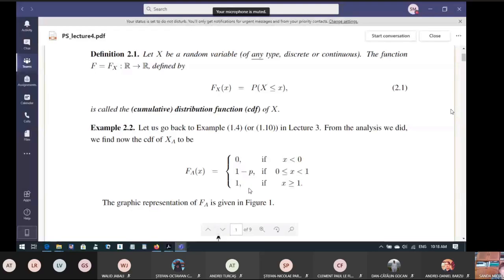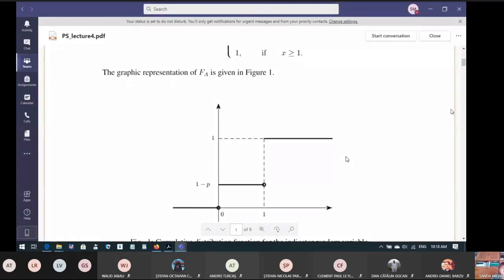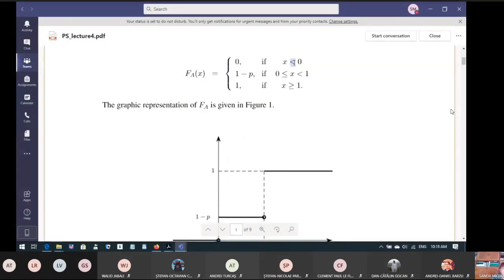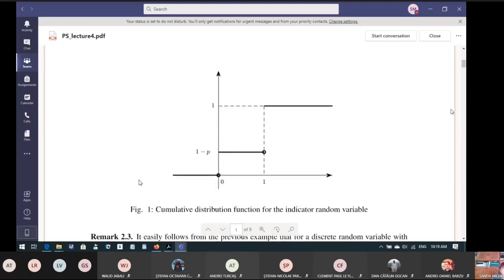This is not going to be a continuous function. That's why it's important to look carefully at those points where something changes, where we get more possibilities, so that we can compute that probability. So this is what the graph of the CDF looks like. When x is less than 0, it's the constant value 0.